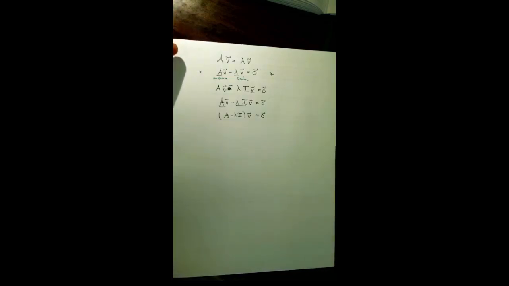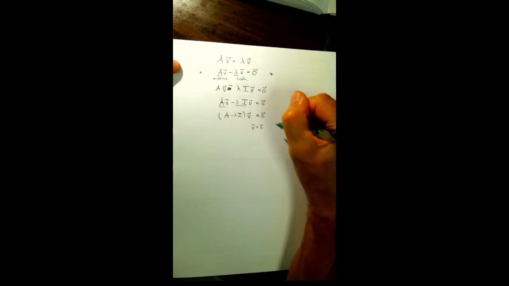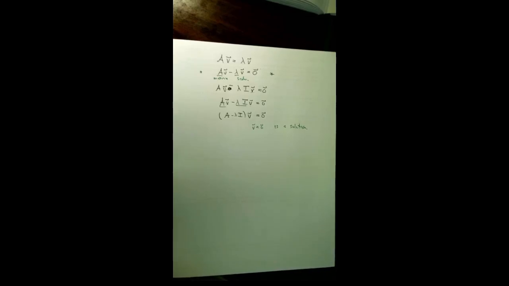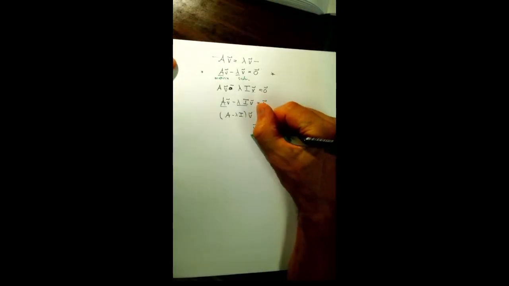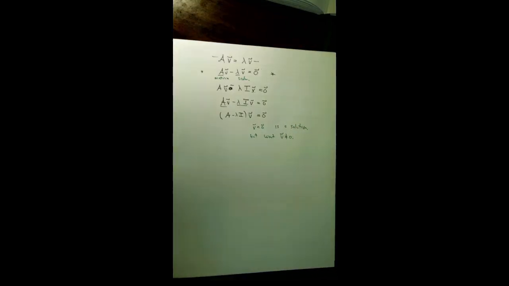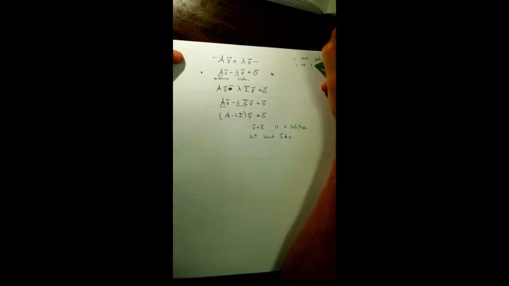Now, just as before, I want to know what does this imply about solutions. Well, first of all, if V equals 0, then that is a solution. I am looking for values of lambda so that I get non-zero solutions to that. So again, my options are one solution, no solution, or infinite solutions.